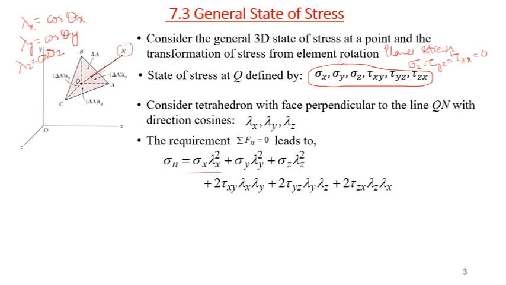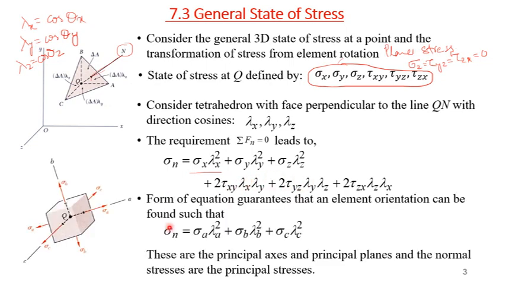Now, let's suppose that these stresses sigma x, sigma y, and sigma z are principal stresses. What is the definition of principal stresses? At principal stresses, the shear stress becomes 0.